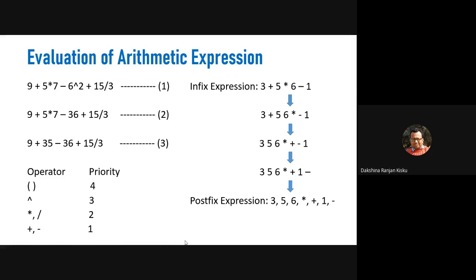In the next form, 3, 5, 6 are the operands. After operand 6, the multiplication operator appears, then the addition operator, then operand 1. After 1, when we move the subtraction operator, it will appear after the operand 1. So this is the final form of the expression, and it is called the postfix expression.